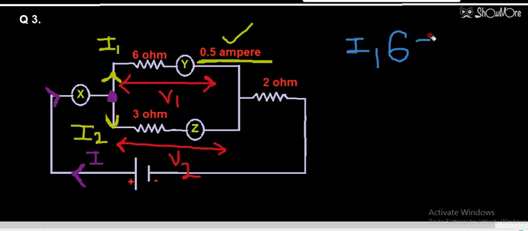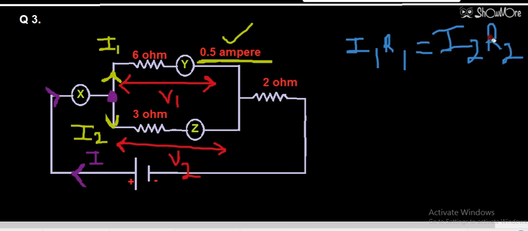We know the value of I1 also. So firstly, write I1 into R1 equal to I2 into R2. I am writing all these steps because you are junior students, not higher class students, so I cannot miss any step.